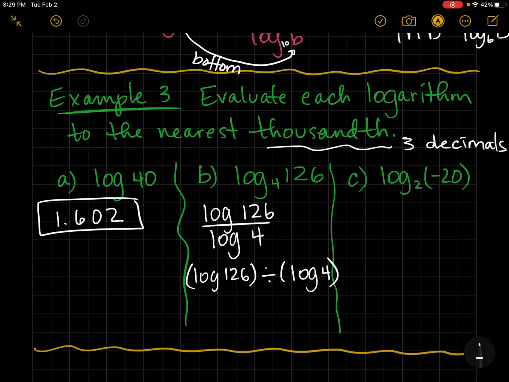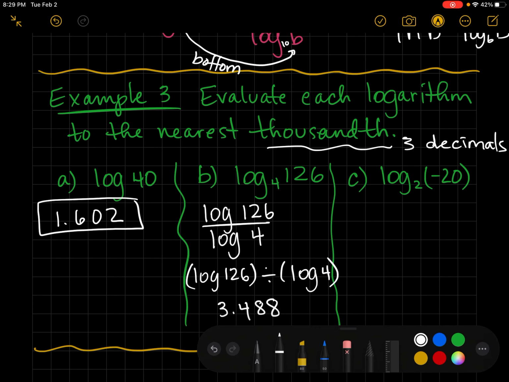So I'm going to clear the last problem out, and we have log of 126 divided by log of 4. And by the way, I mentioned order of operations. Where do logarithms come in? That's going to round to a 9.